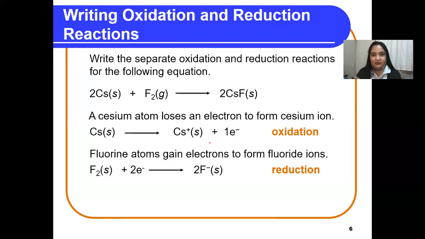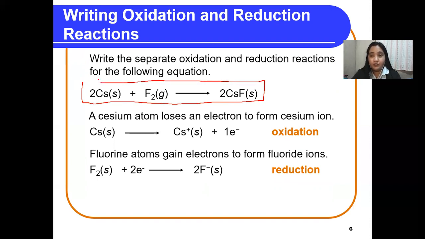And if you want to see it in equation form, this is a different reaction. This is cesium and fluorine. Just to distinguish what oxidation and reduction is, if you're given this complete reaction, you have to identify which is oxidized and which is reduced.